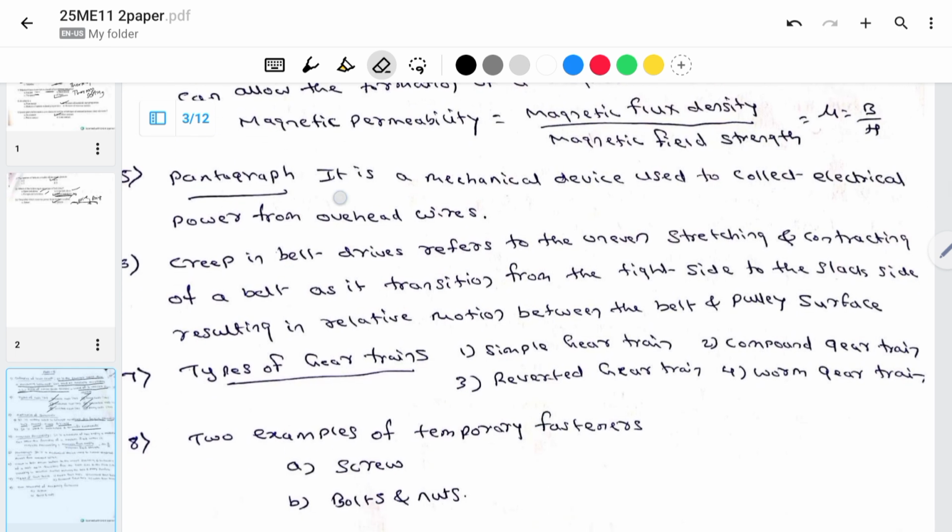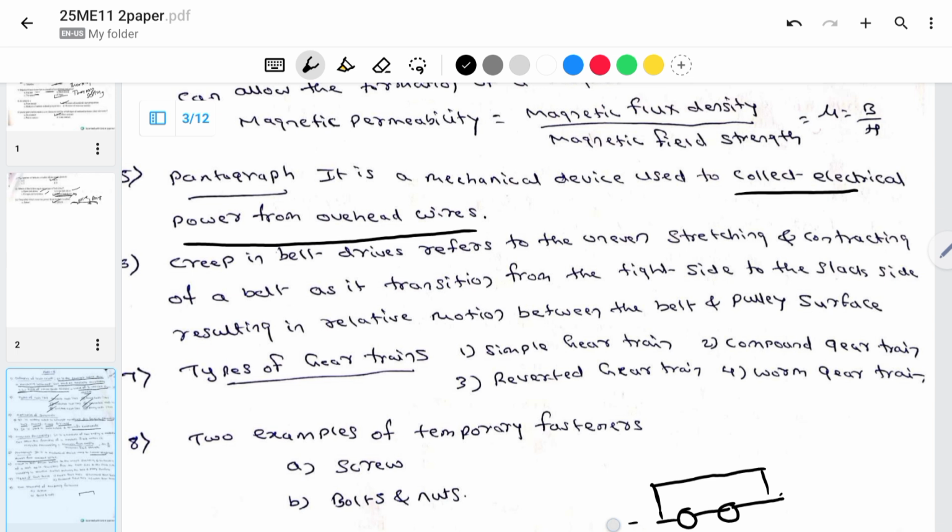Next, what is a pantograph? It is a mechanical device that is used to collect electric power from the overhead wires. Here, I hope you have seen that whenever an electric train runs on the track, there will be overhead cables. There will be some mechanism to transmit electricity from the overhead cables to the train.